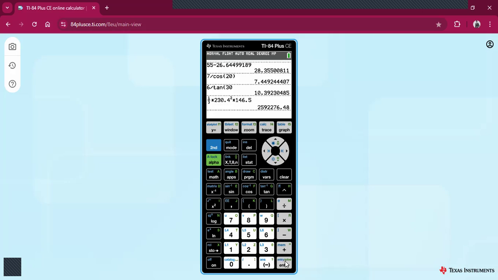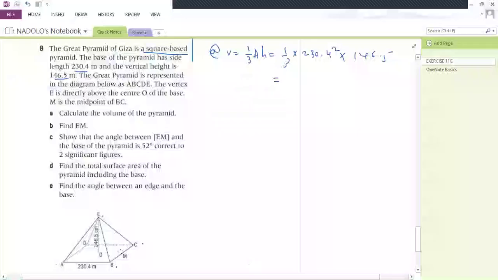All right. We have 2,592,276.48 cubic meters. So you can put your answer as three significant figures, but it is also well represented if it is in standard form.